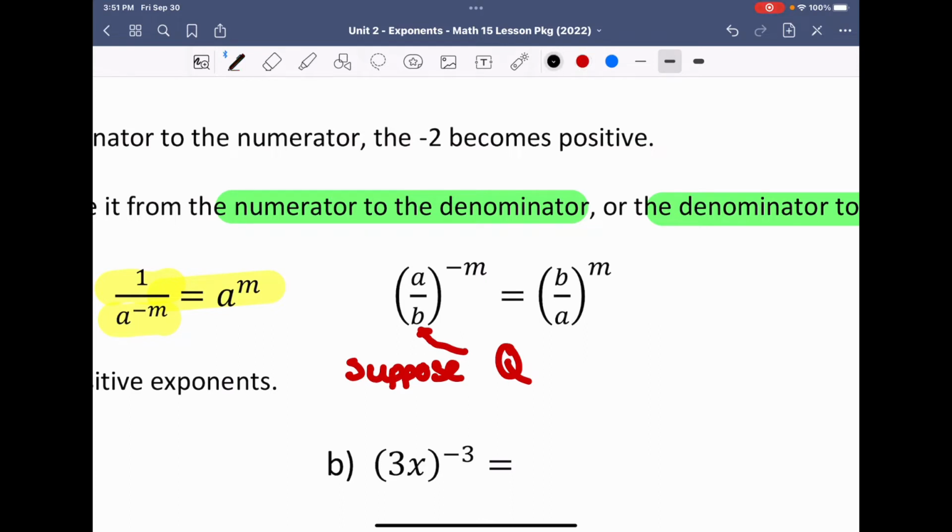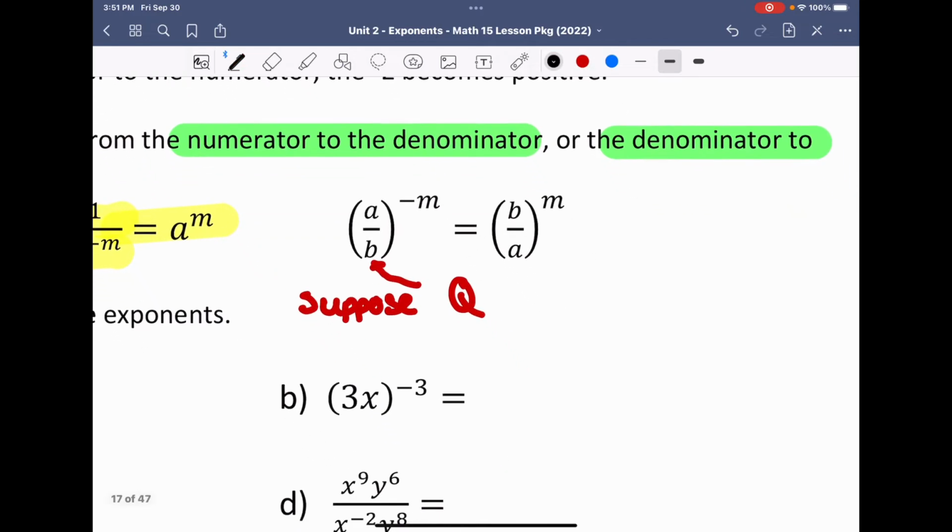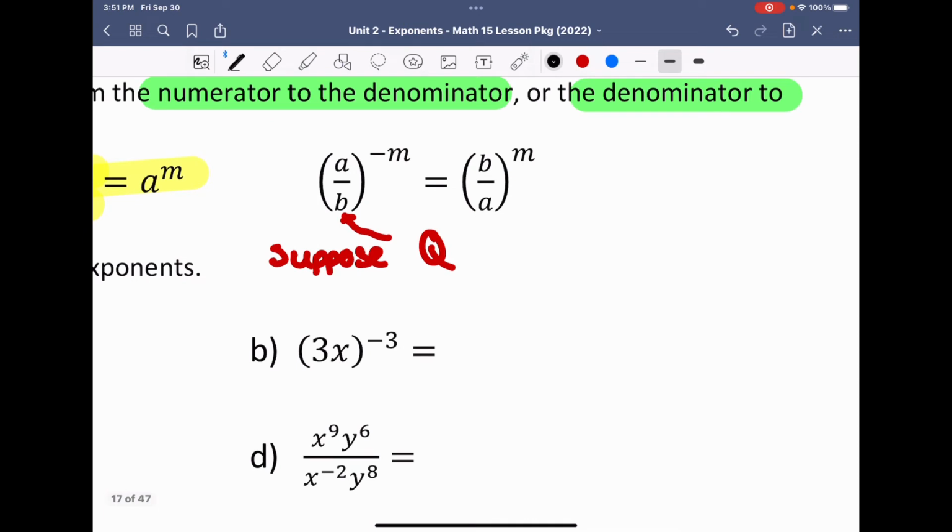Let's show that we can actually get to our step of b over a to a positive m. So below, I'm going to set this equal to, by distribution rules, if I go from here to here, we know that the negative exponent will distribute and become a to the negative m over b to the negative m.